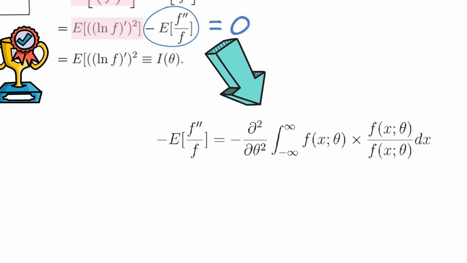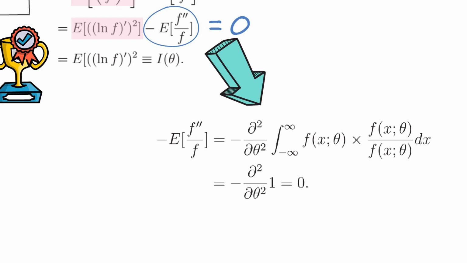The integral from minus infinity to infinity of f times the density f divided by f, and now we integrate with dx. So you see there's some cancelling going on, so the f in the numerator and the denominator cancel off. You end up with the integral of f dx, which is just 1, and the second derivative of 1 is just 0. So indeed the second term is 0.